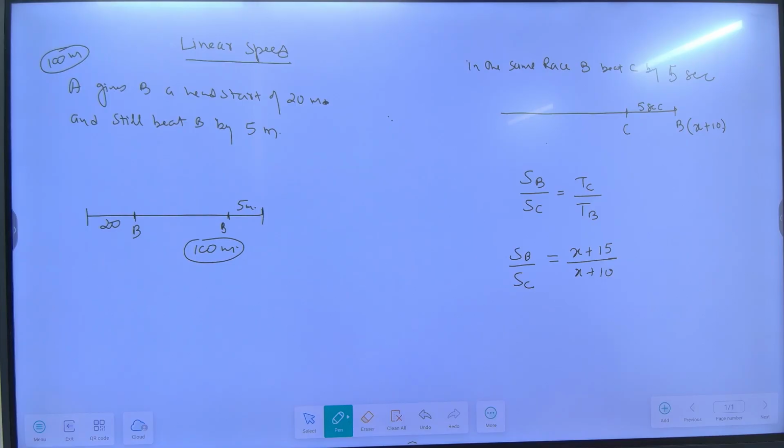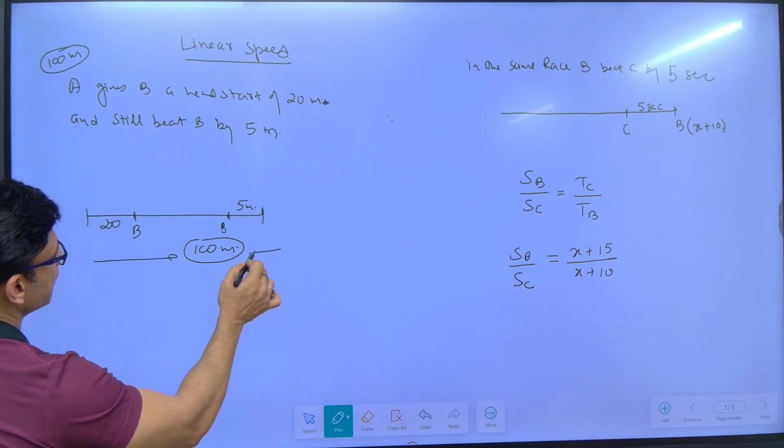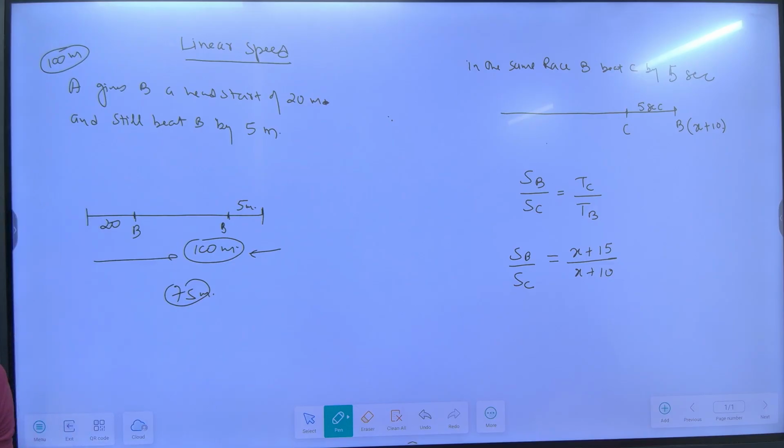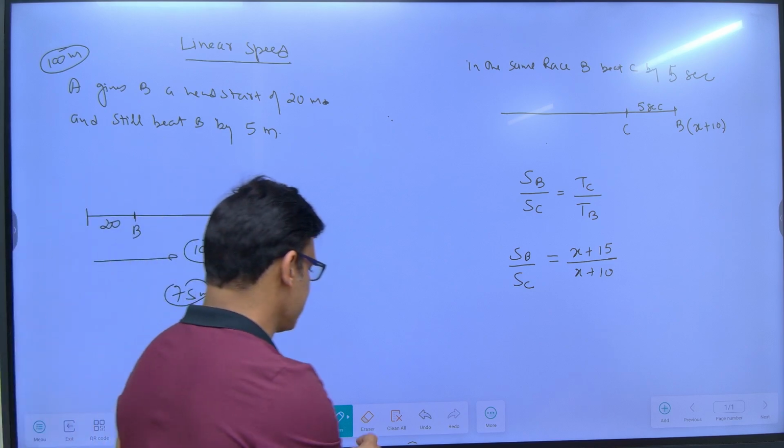Yes. So can we say when A is covering 100 meter, B is covering only 75 meters. From here also you'll get the ratio of speed. Understood? The last cases.